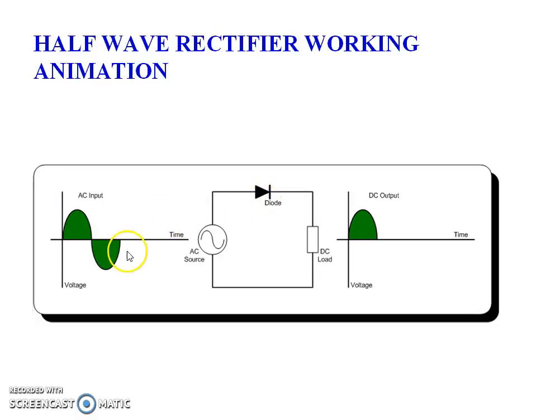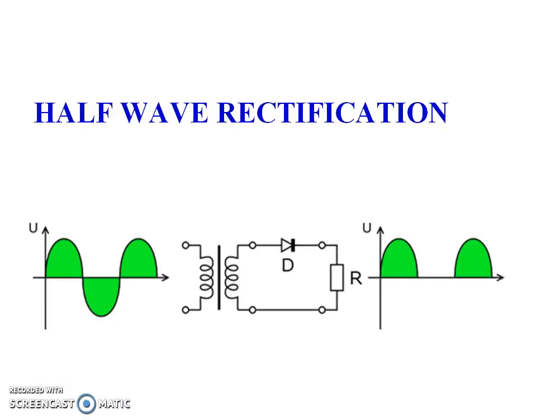So during positive half cycle, the positive wave, that's the positive output, comes here, but the negative half cycle is not appearing here. Again, the next positive half cycle reaches here, but the negative half cycle is not reaching here. So directly saying we are having only the positive portion over here.